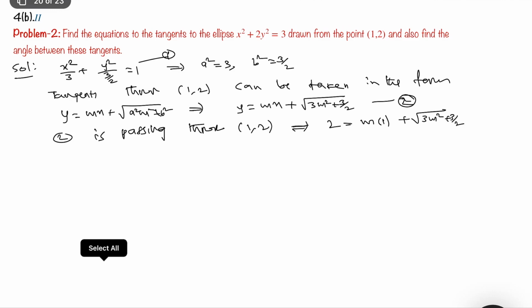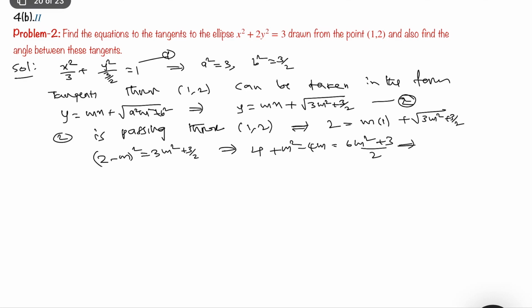Okay, that implies if I bring m this side and take a square both sides, then I can write 2 minus m whole square equal to 3m square plus 3 by 2. So we will have 4 plus m square minus 4m equal to 6m square plus 3 by 2.